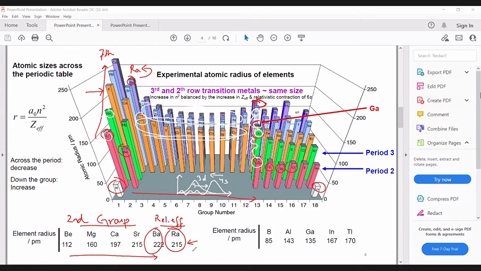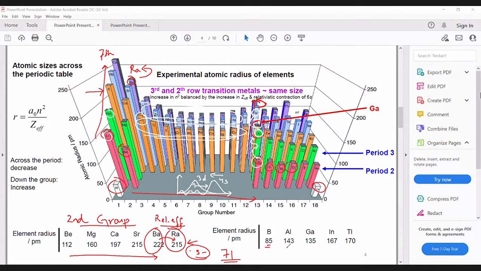Because these are s block elements, the outermost shell is s, obviously orbital, and the atomic number has been increased by a significant amount, right? And for a general idea, you can remember that if it is 71 or higher, the relativistic effect will be prominent. So in case of radium, the atomic number is 88, right? And now the relativistic effect is prominent, causing the decrease in atomic radius, which is obviously deviating from the general trend, right?